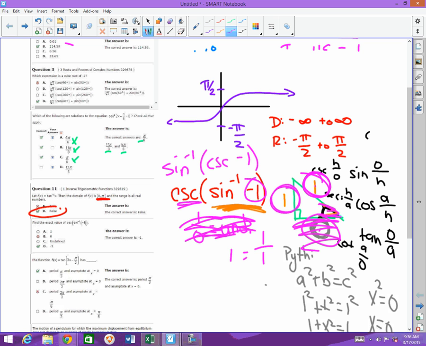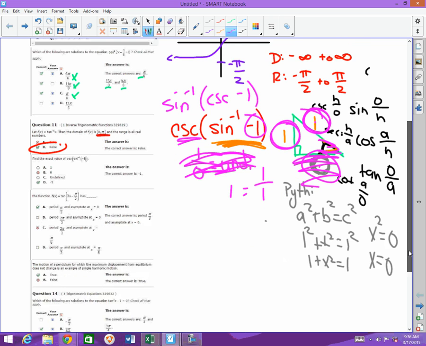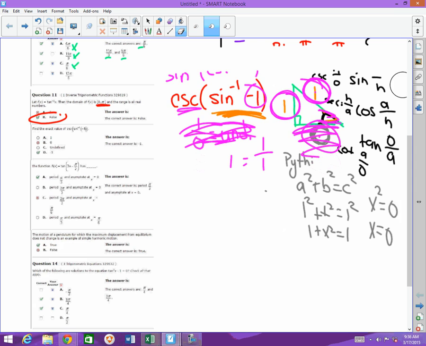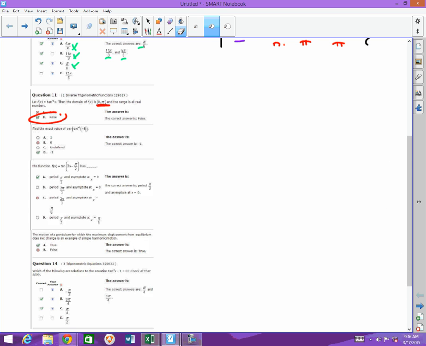All right. So then if we move on to the next question, we have the function f of x equals tan of 3x minus pi over 2.